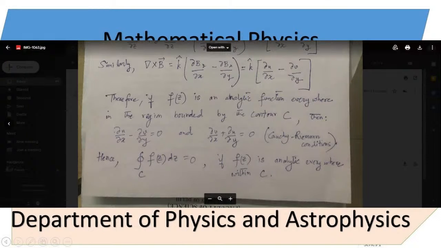So V prime is e raised to power i theta V, while W goes to W prime, which is e raised to power minus i theta W. So therefore, your one-dimensional and one-dimensional subspaces of the two-dimensional vector space are transformed differently by the action of rotation by theta. Okay?